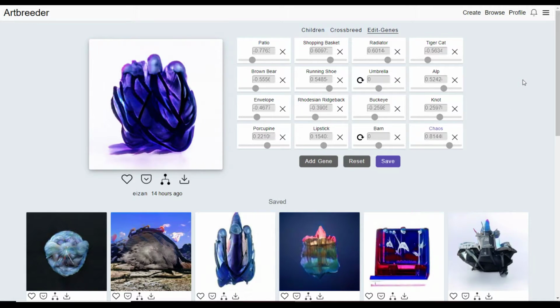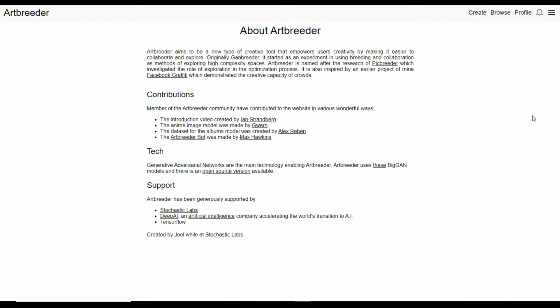I'm obviously struggling to express how this works. Let's go to the About page. That will be a little more helpful. Okay. About Artbreeder. Artbreeder aims to be a new type of creative tool that empowers users' creativity by making it easier to collaborate and explore.